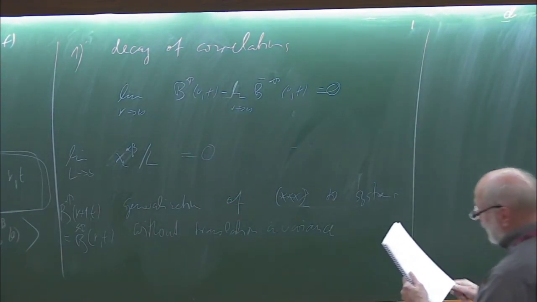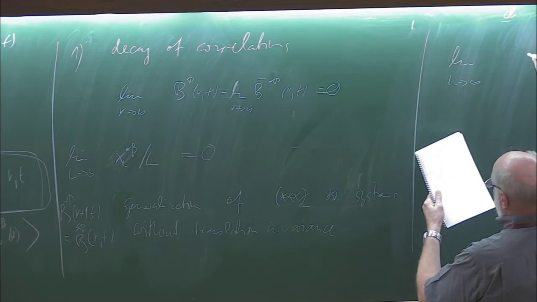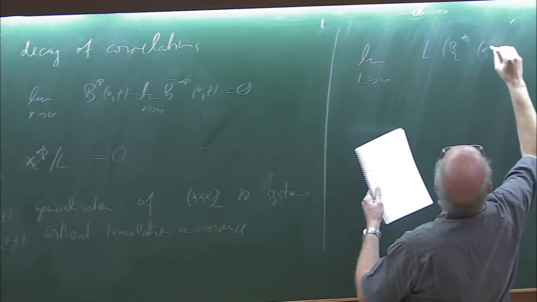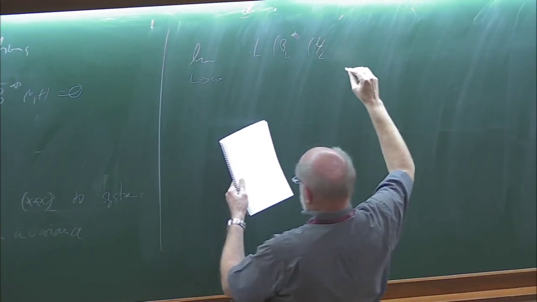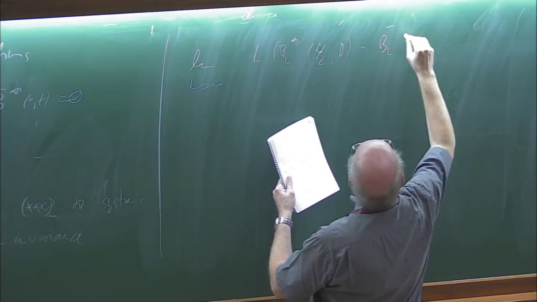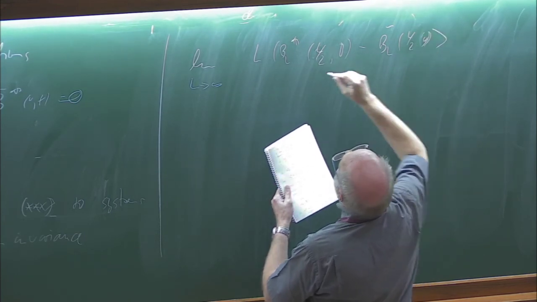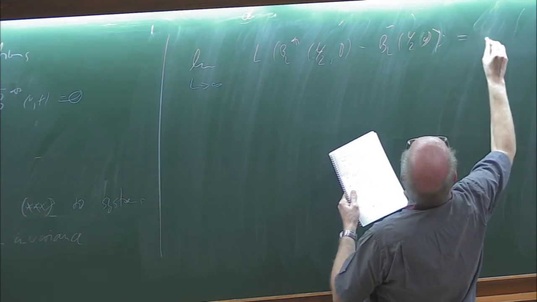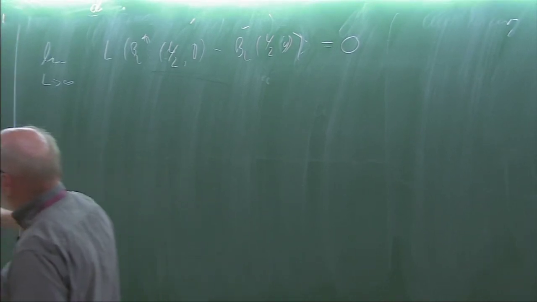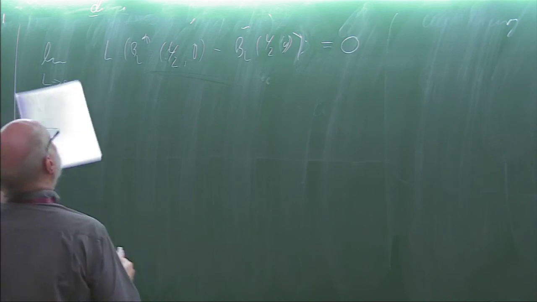Now let me make a slightly different assumption, namely let me assume that limit where L goes to infinity, L times EL of alpha beta R and of L over 2 and 0 minus E tilde L of L over 2 and 0 tends to infinity. That means that this correlation difference should decay faster than 1 over L. It's not exactly the same assumption as this one, right? So it's a stronger assumption.